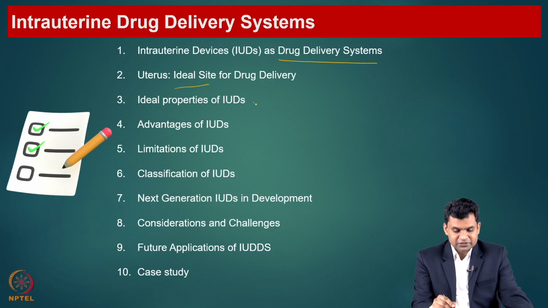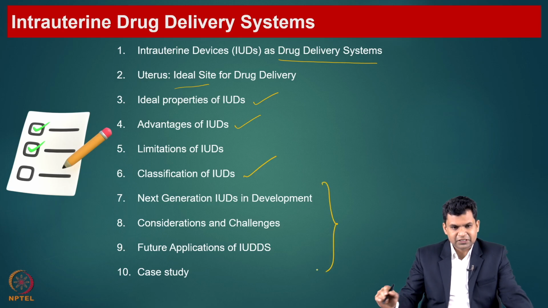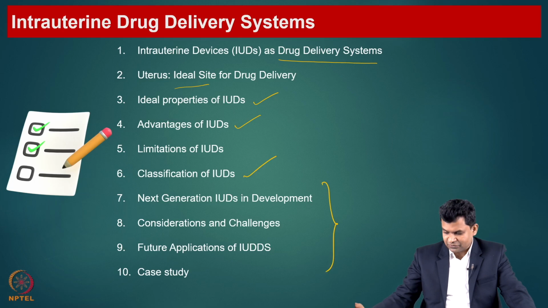Then further we will focus on the ideal properties of intrauterine drug delivery system and the advantages and then limitations. If time permits, we are going to see the classification of intrauterine drug delivery systems. In further lectures, we will focus on the remaining part of intrauterine drug delivery systems.